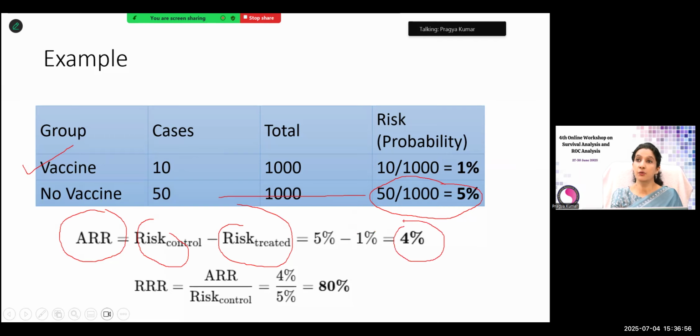And if I ask you the relative risk reduction, it will be your absolute risk reduction divided by the risk in the control, in the denominator. The risk in the control is 5%, so the relative risk reduction will be 80%.